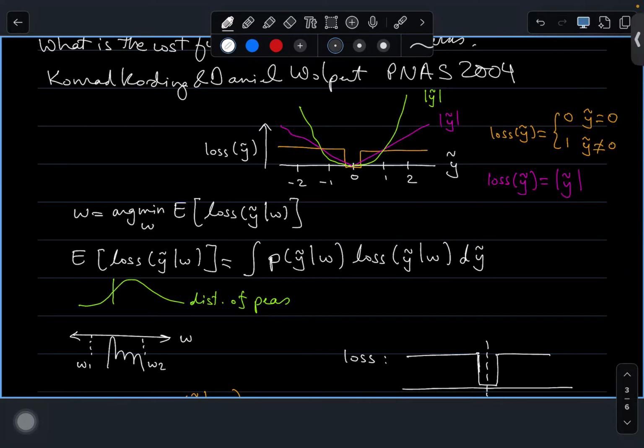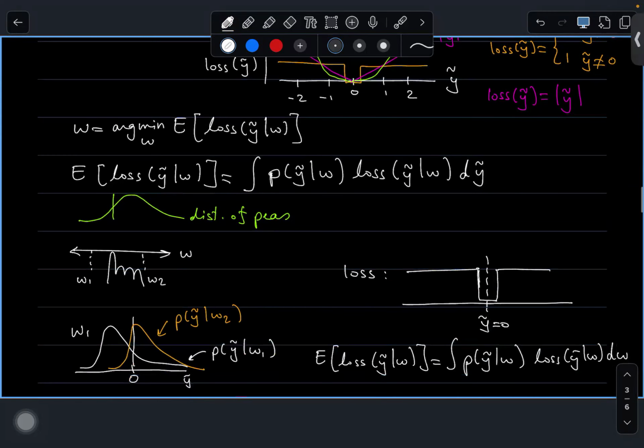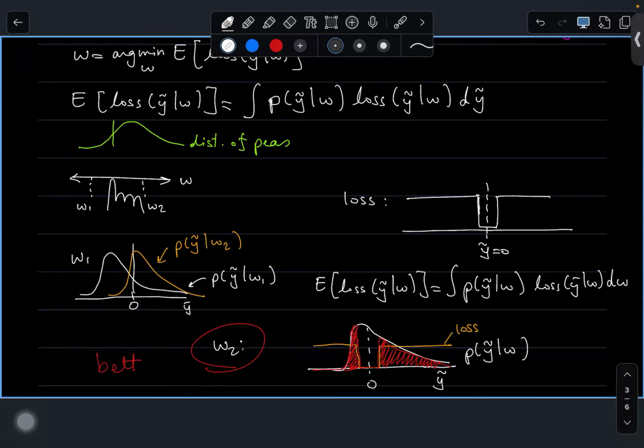Find the W that minimizes the expectation average loss. Well, what is the loss? Is it a quadratic function? Is it a linear function, and so forth? And what they did is that they came up with a relationship between action W and errors, probability of y tilde given W, location of those p's with respect to the target.